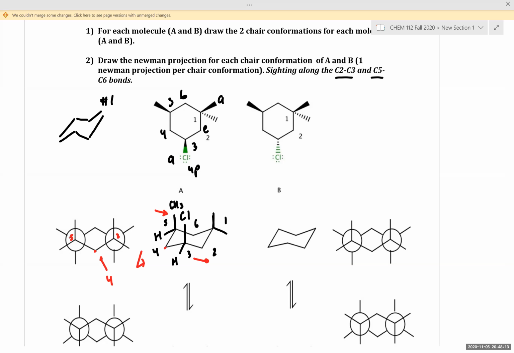Okay, 1, 2, 3, 4, 5, 6. Almost there. So we have our cyclic system.